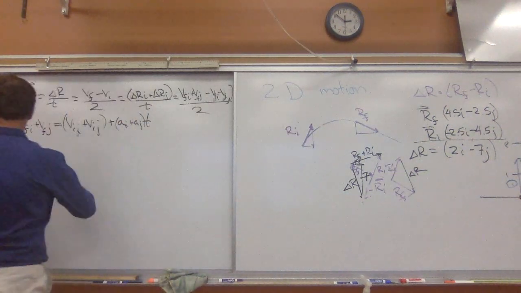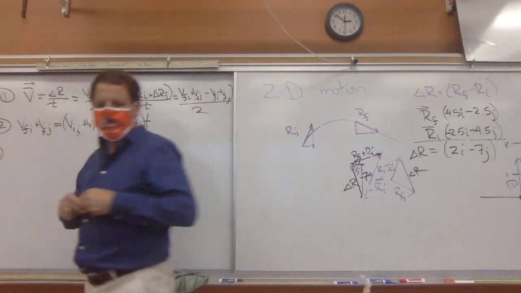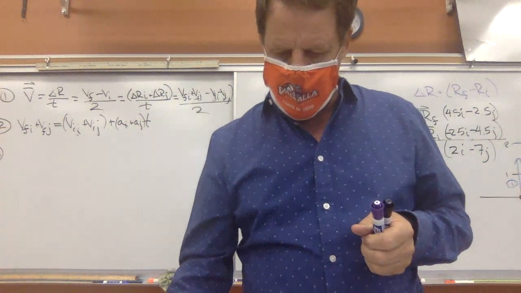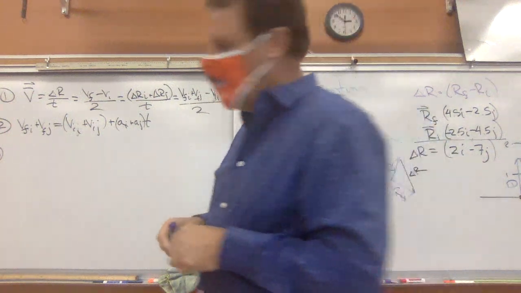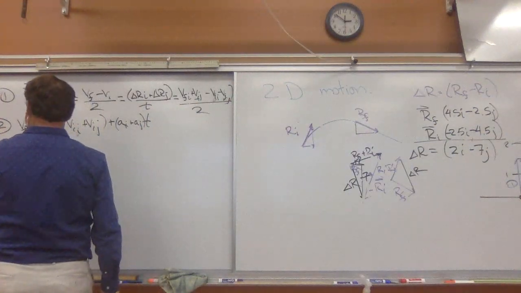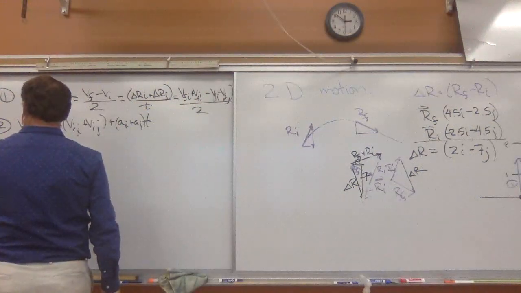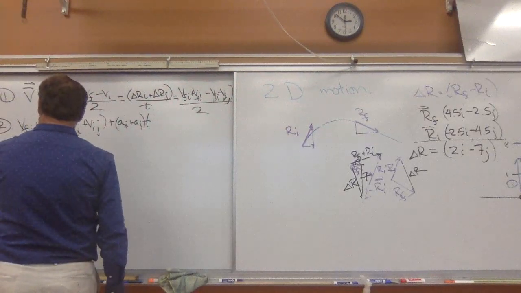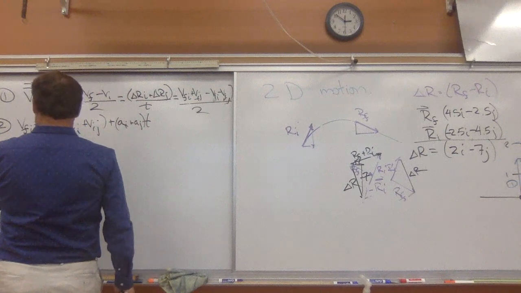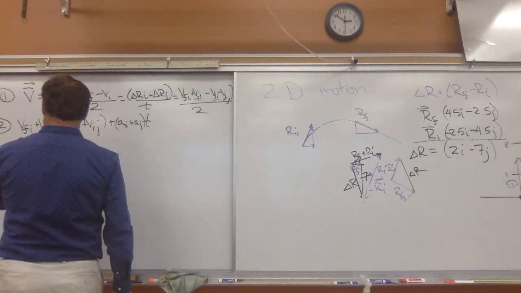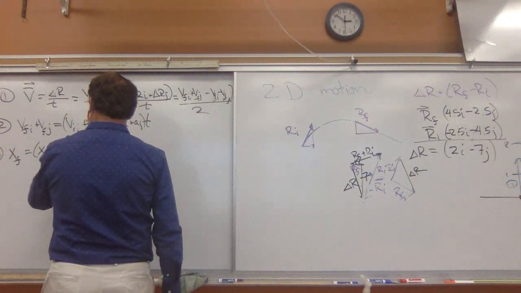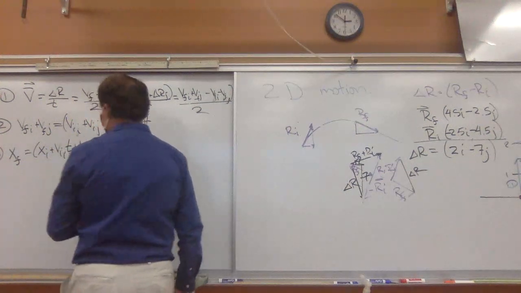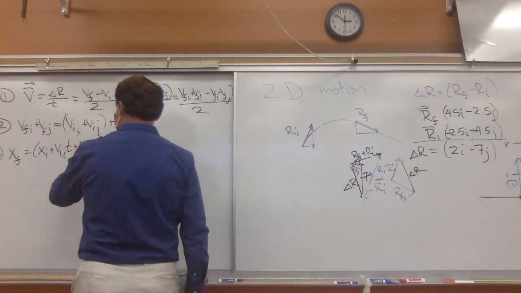So we can get into equation number 3, and we could even do this. x final is going to equal x initial plus V initial I times t plus 1/2 A I t squared.